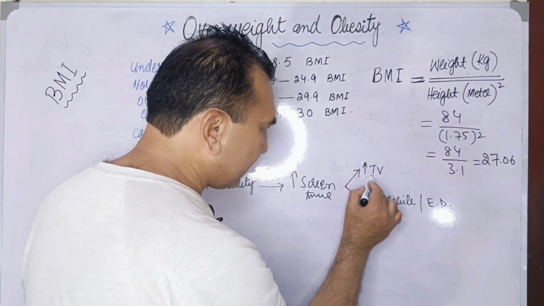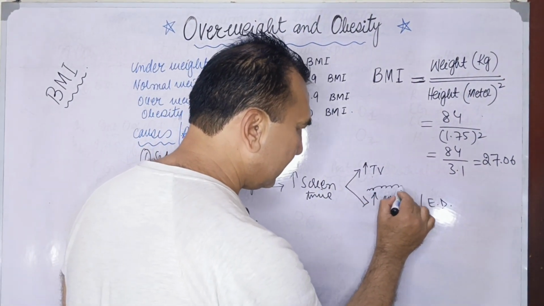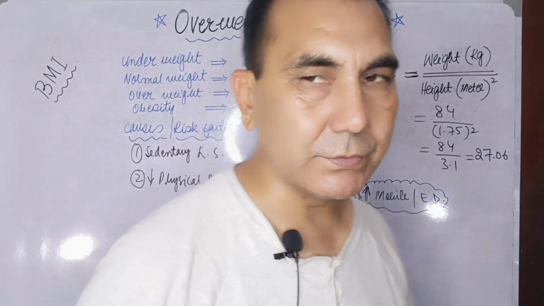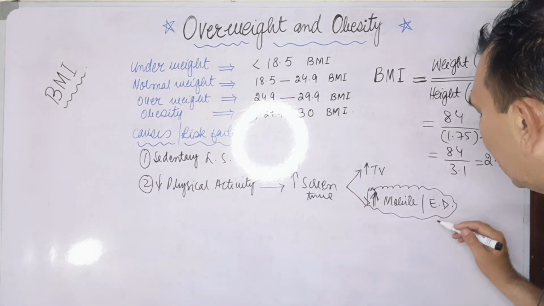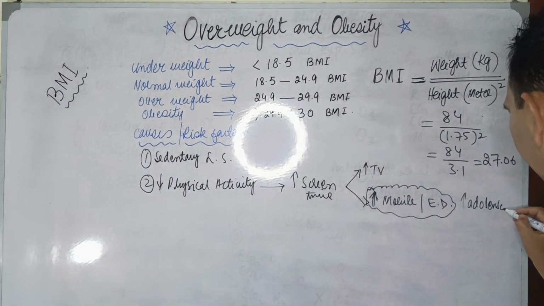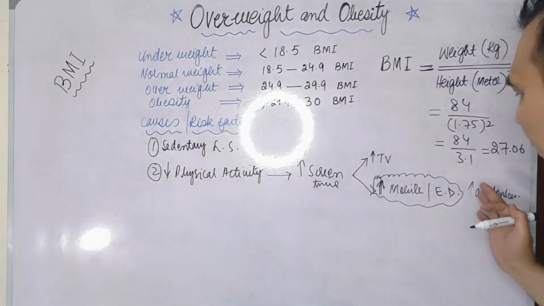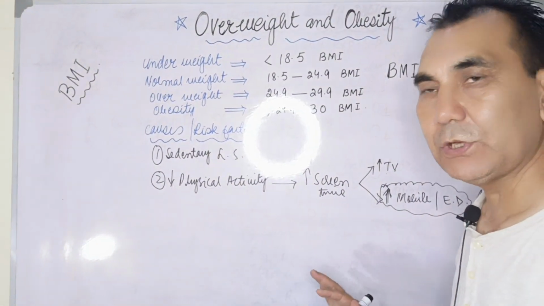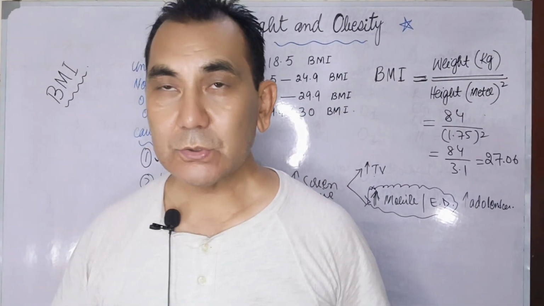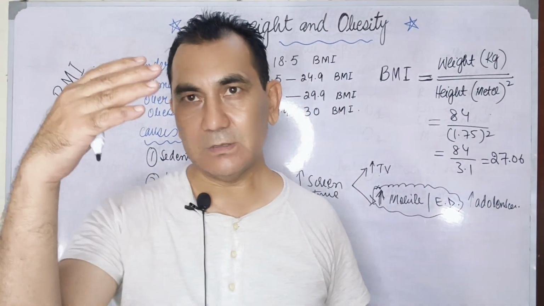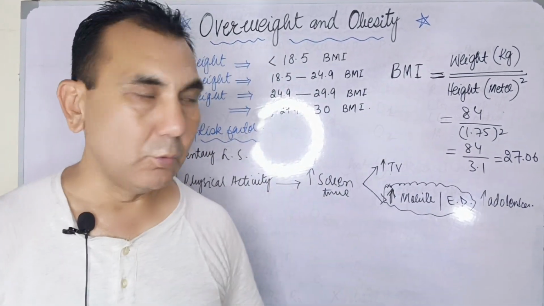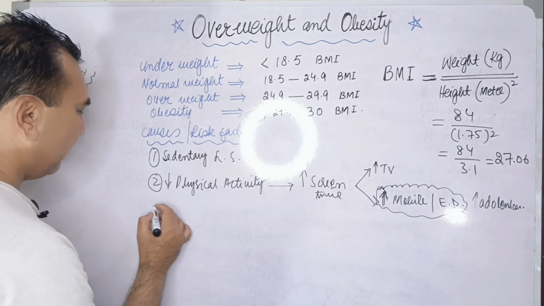As compared to the TV, mobile time nowadays is a very crucial issue or medical health problem, which has mostly increased in the adolescent age. The adolescent population is spending more time in front of the mobile screen, which decreases physical activity among the adolescent age group. So this is one reason.